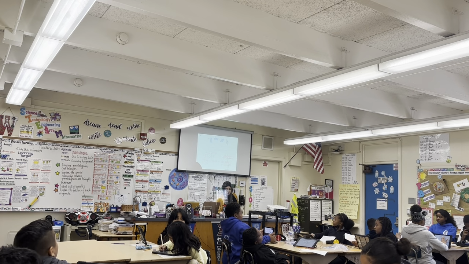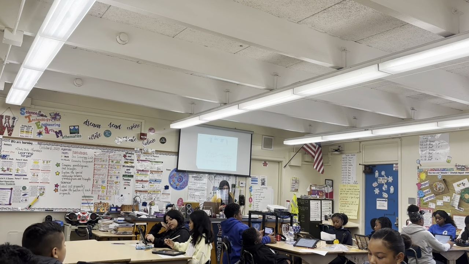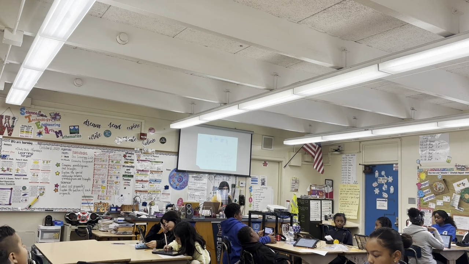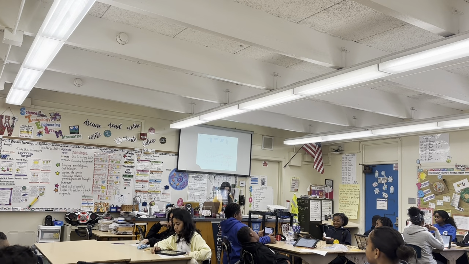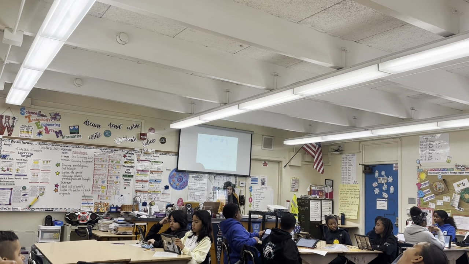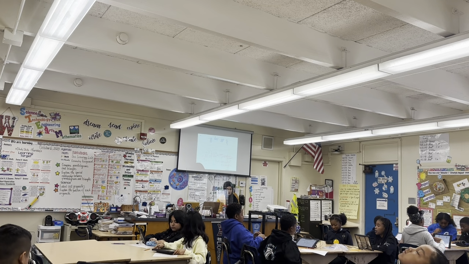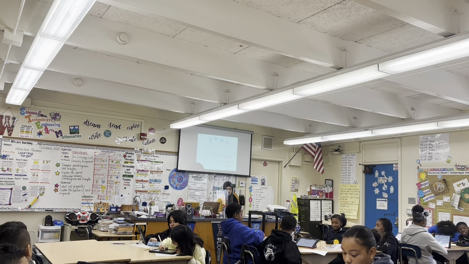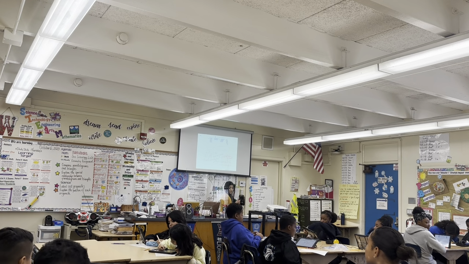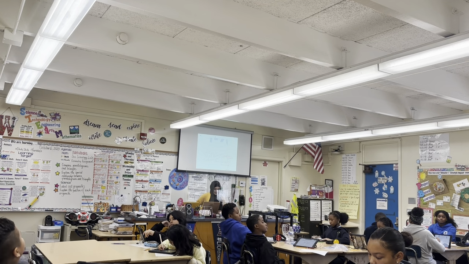All of them are parallelograms. All of them are quadrilaterals. Okay, so all of them are parallelograms and each one has two identical triangles.